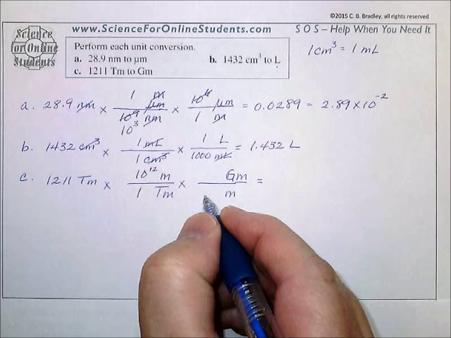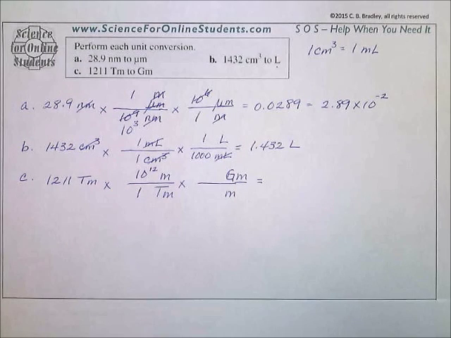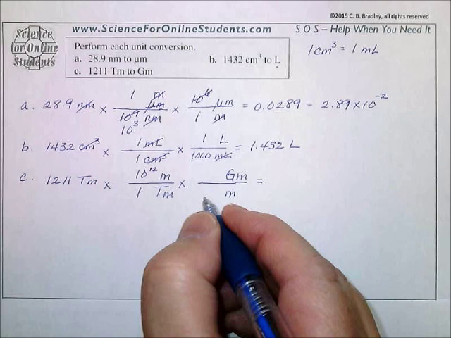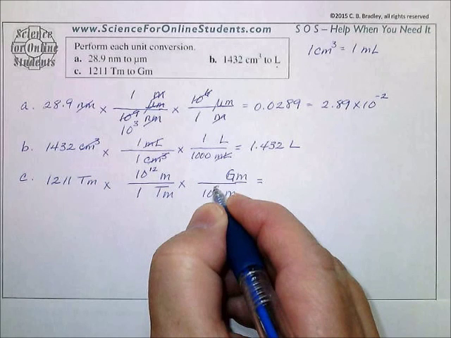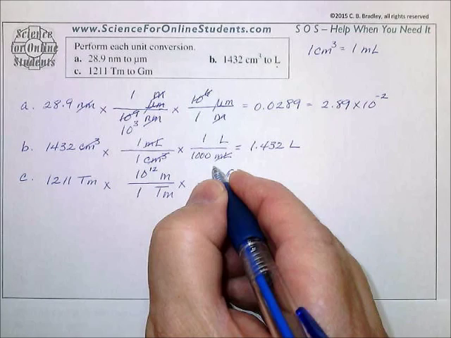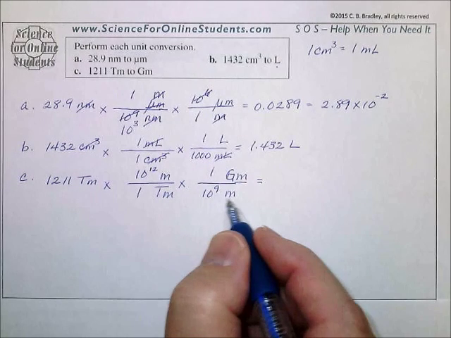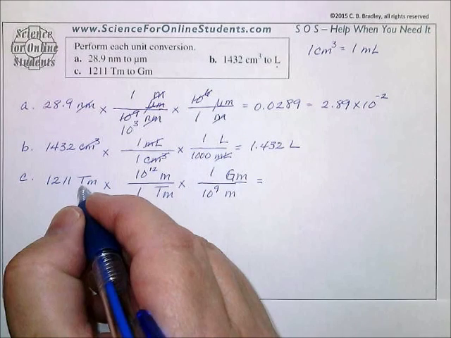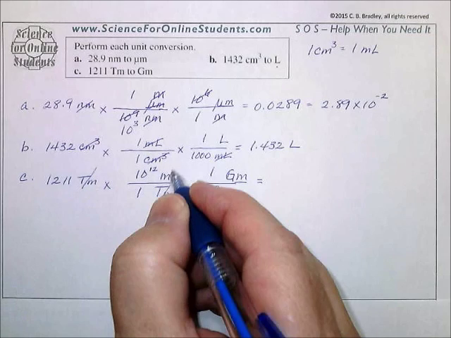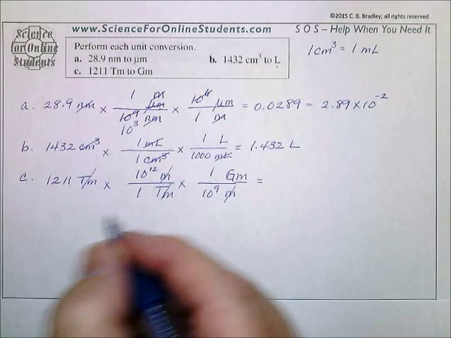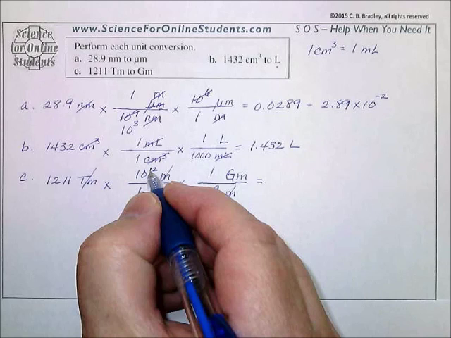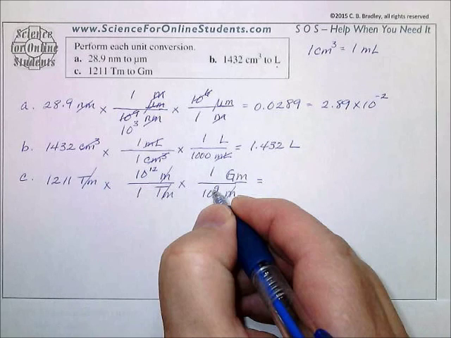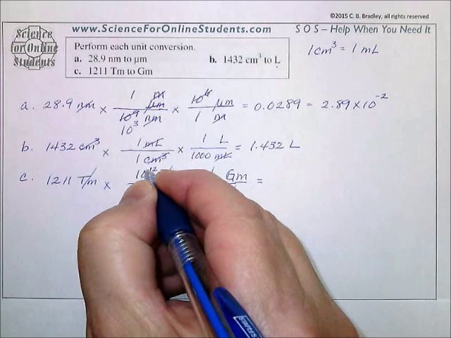And a gigameter is 10 to the 9th meters. Terameters cancel. Meters cancel.